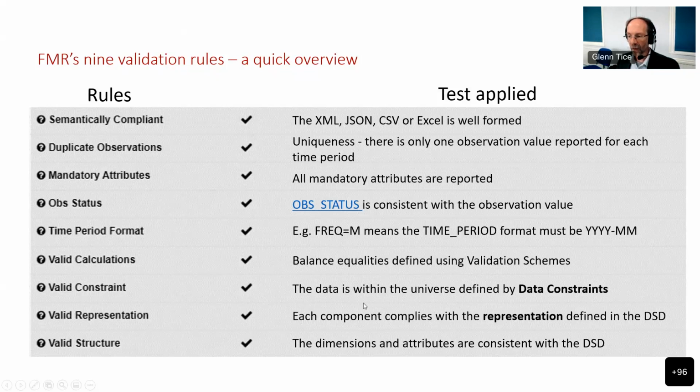So valid constraints, again, we're going to look at this in more detail later. Constraints are used for defining the valid universe of data, very helpful for individual data reporting purposes. So we'll see that a little bit later, precisely what these things are and how they're used in FMR.